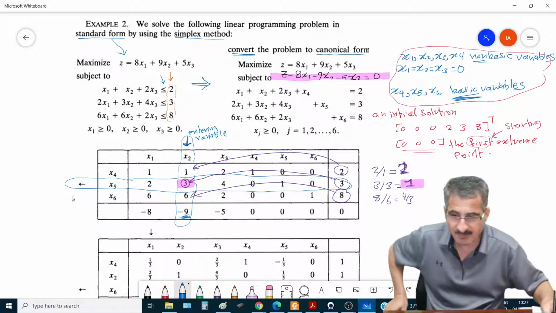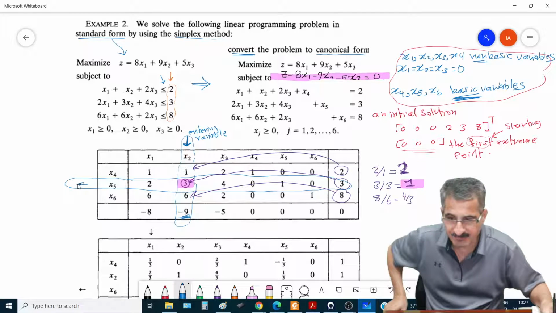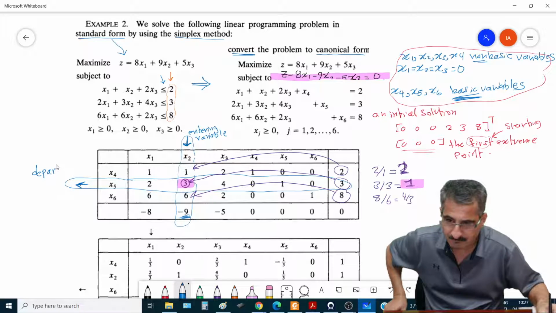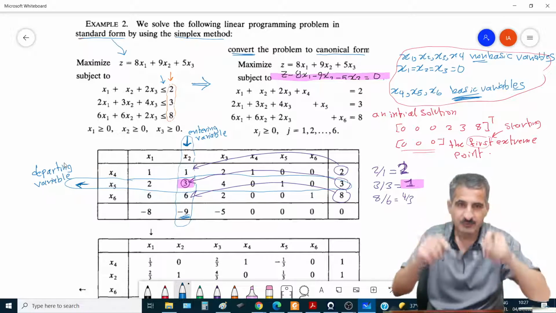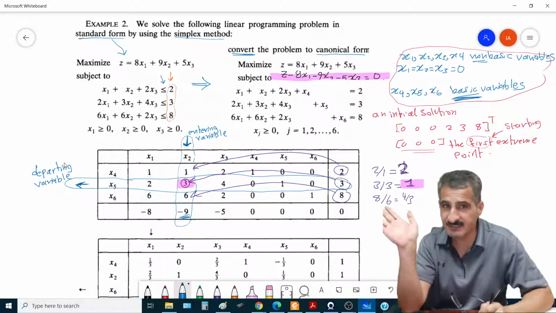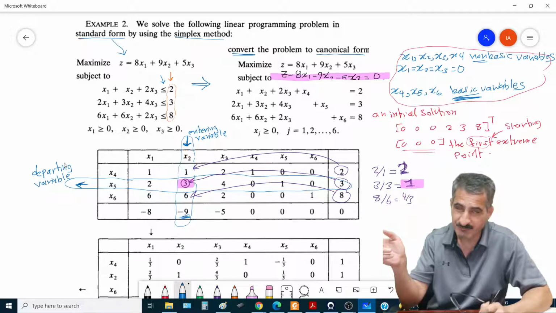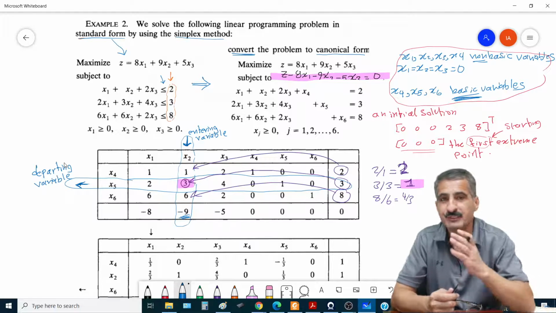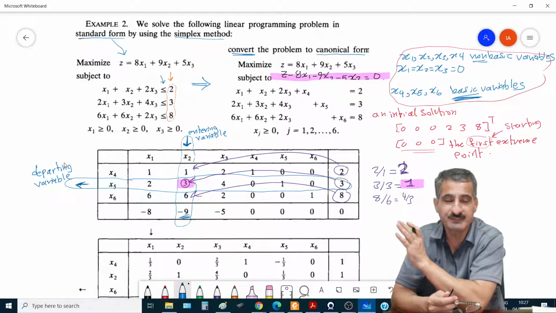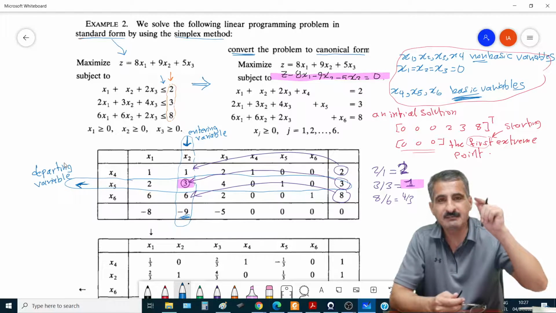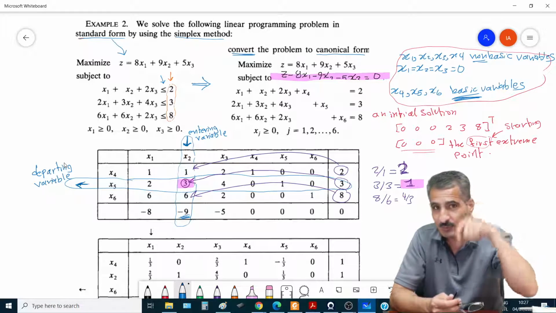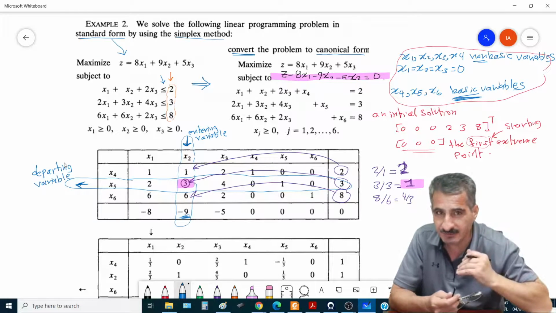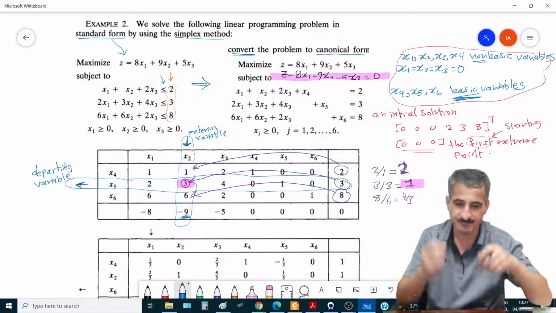Okay, now this will be the departing variable, which means I want to make x5 non-basic, to convert it from basic to non-basic, so it is departing the set of basic variables, and make x2 from non-basic to basic, so it is entering the set of basic variables.